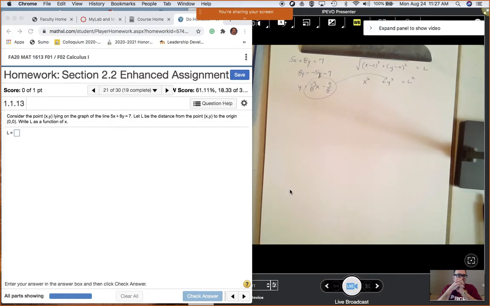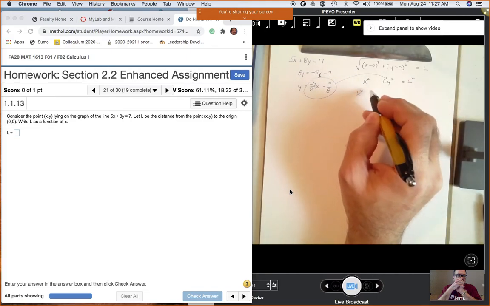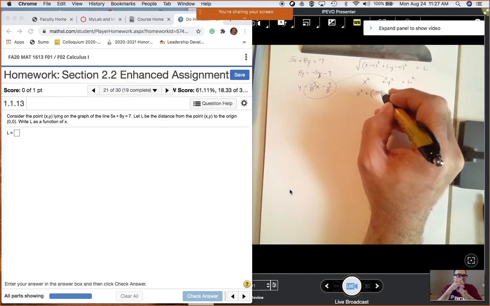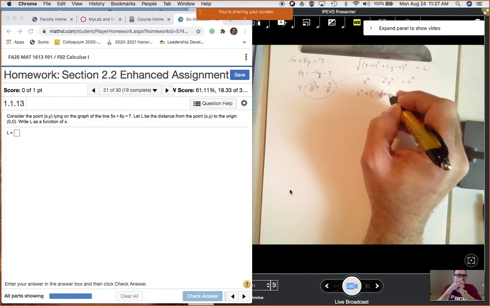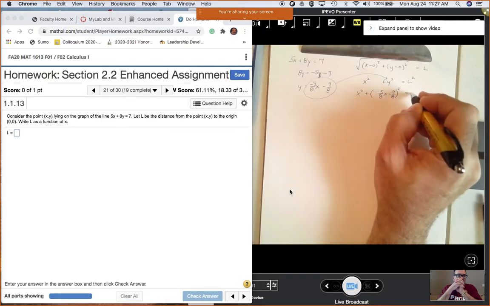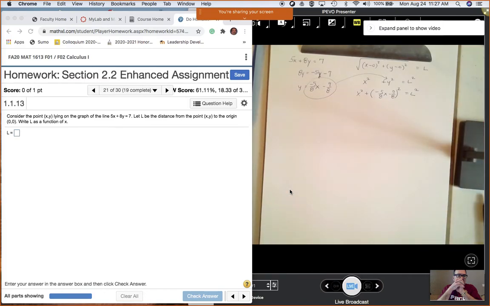And so in the equation x squared plus y squared equals L squared, I'm going to replace that y with its value, and I'll get x squared plus (minus 5/8 x minus 7/8) all squared equals L squared. I'm not going to bother foiling that out, but that's the path. And actually, we could probably type it in without foiling it out.